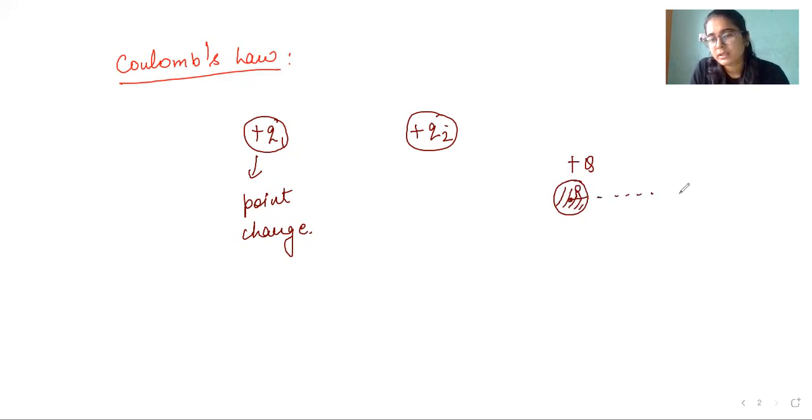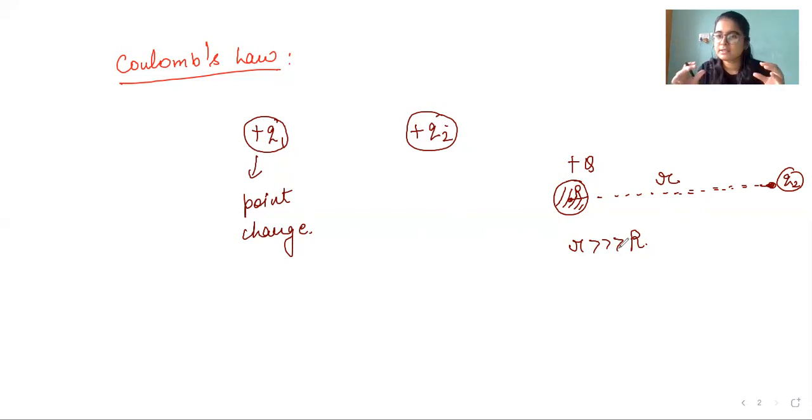And suppose there is another charge, Q2. If the distance between them, R, is very much greater than the size of the objects, then we can consider these two objects as point charges.